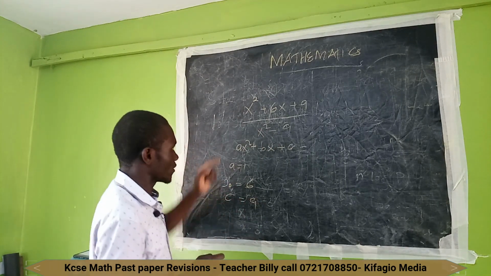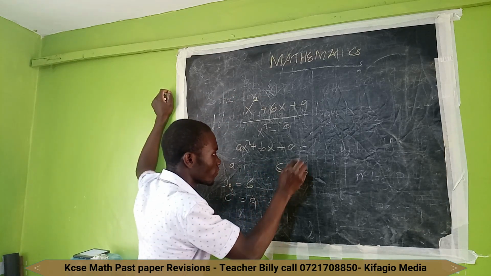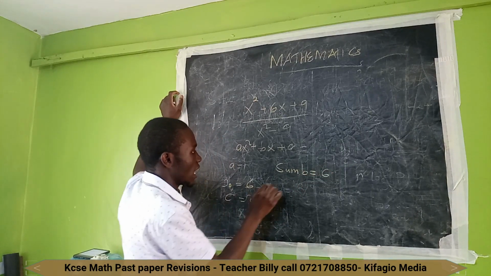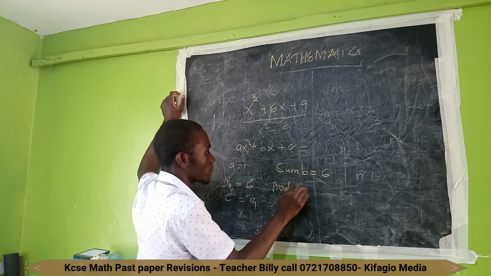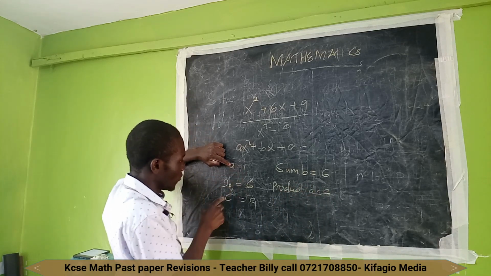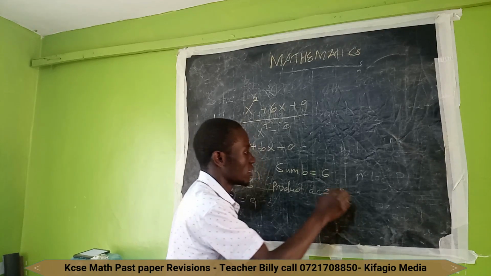So how do you factorize? You will find two numbers whose sum is b, which is 6, and whose product is ac. What is a? 1. What is c? 9. So 1 times 9 is 9.